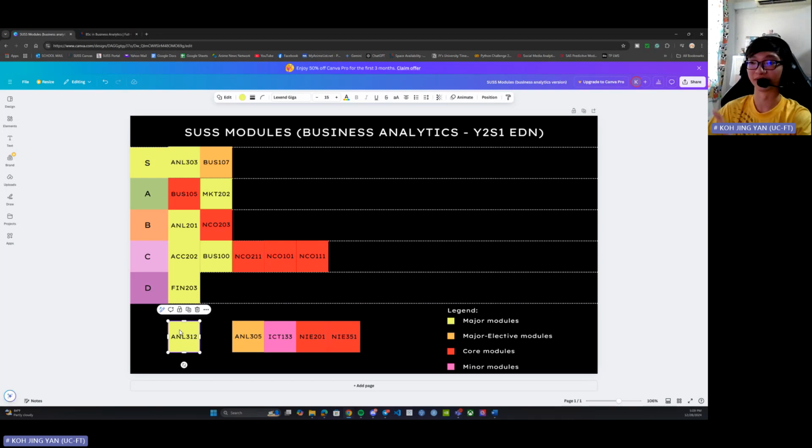Let me start with one of the few reasons why it's a disaster. First things first about ANL 312, I do not understand why the module centers on these two things, which are quite crucial for this module.